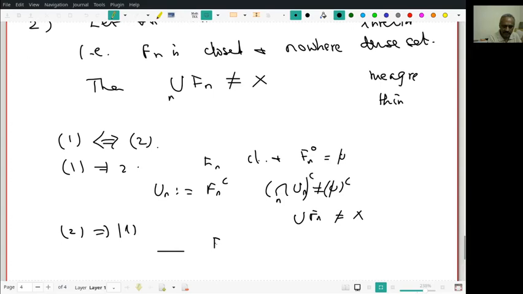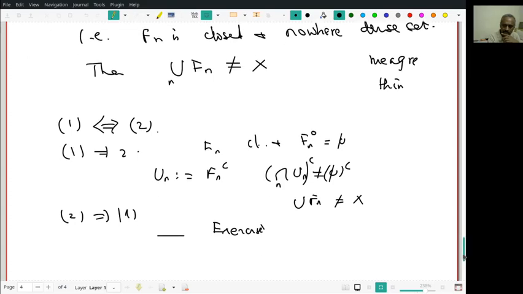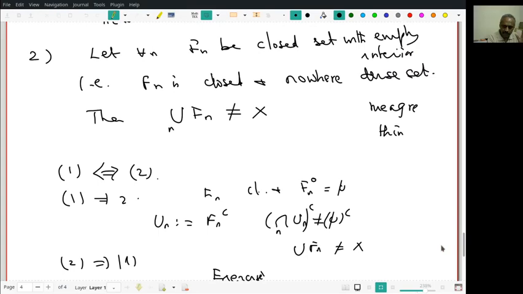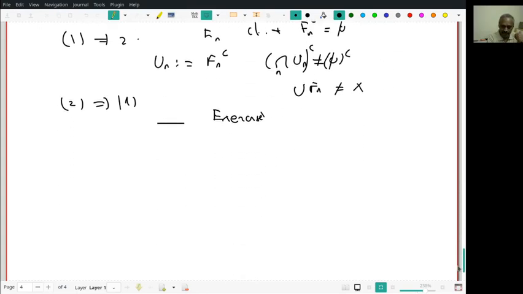I leave it as an exercise; it's very easy. Taking complements, 1 and 2 are equivalent, because we can make use of the earlier fact: a subset U is open dense if and only if its complement is closed with empty interior. That's the only observation we needed.